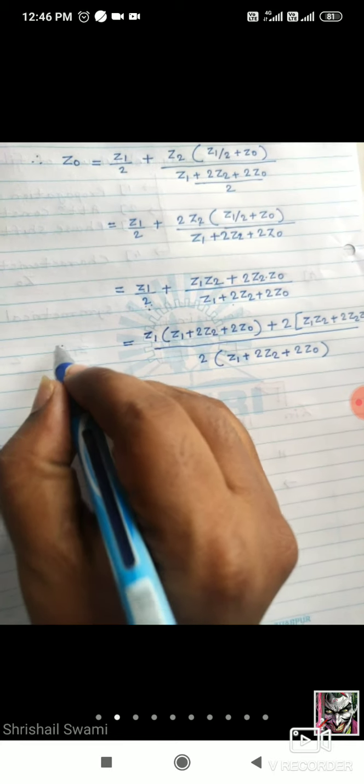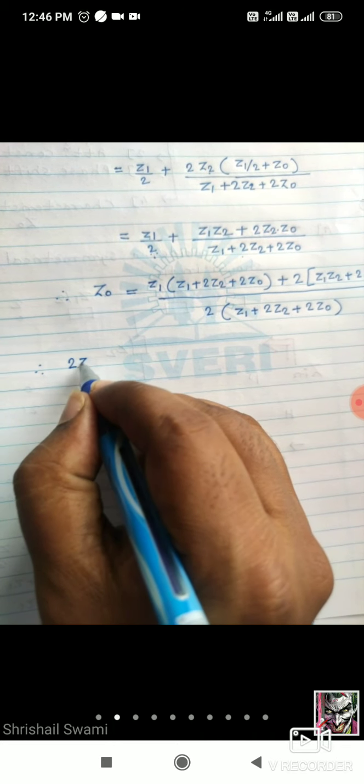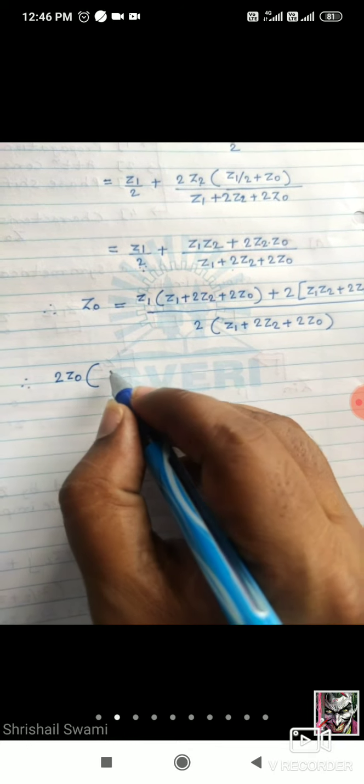Okay, and the left hand side Z0 is as it is. Now this total bracket we take to this side and multiply. So 2Z0 in bracket Z1 plus 2Z2 plus 2Z0.